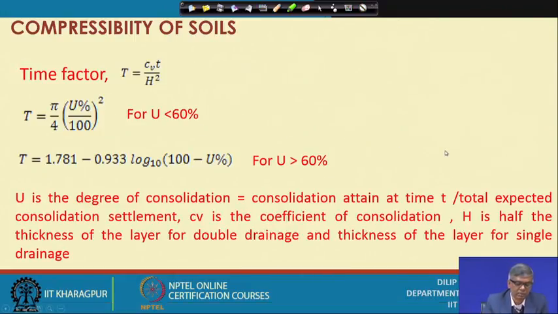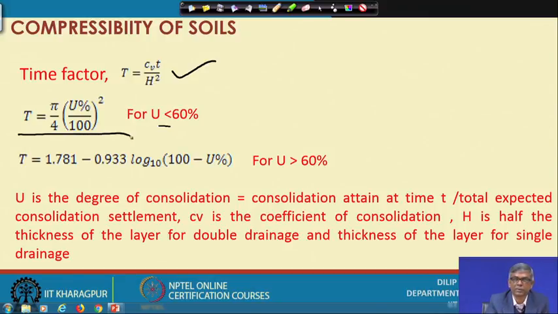Then the determination of time factor: this is the well known formula for time factor, T v equals C v t by H square, and it can be related with U when U is less than 60%. This formula can be used for finding T, and if U is greater than 60%, this other formula can be used.